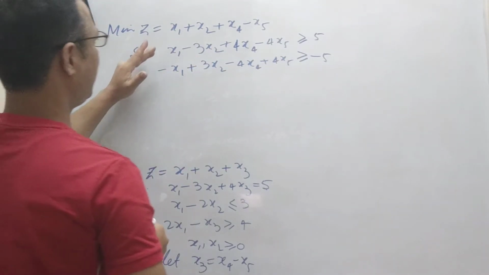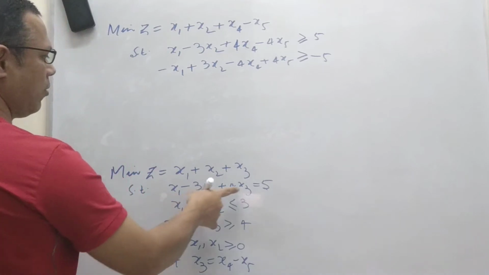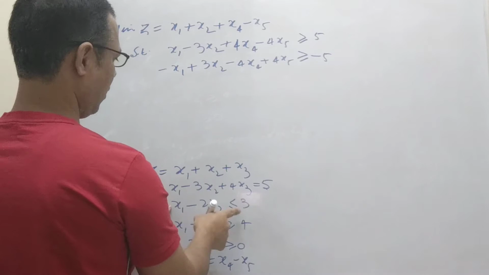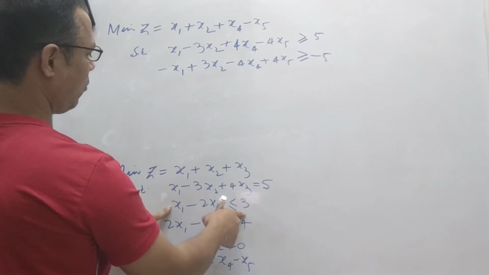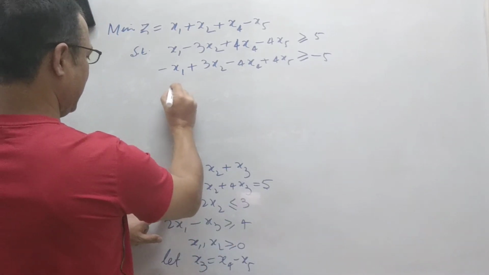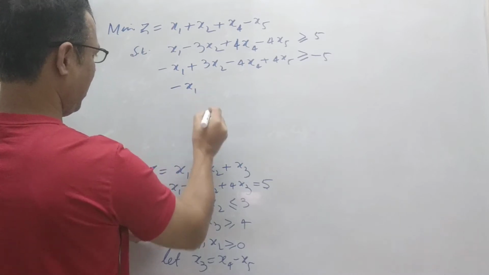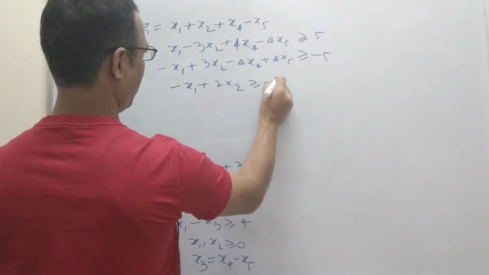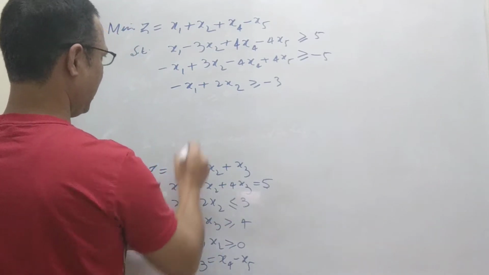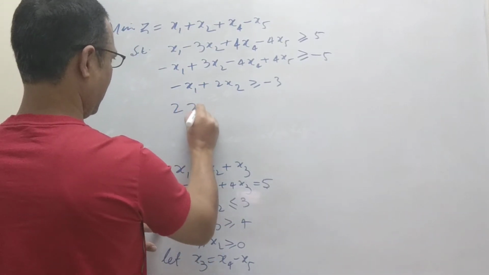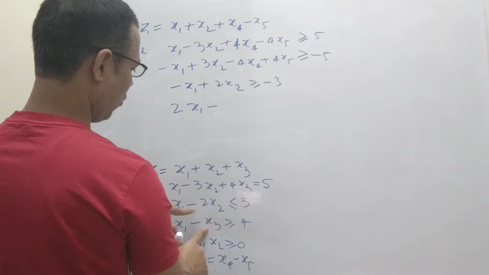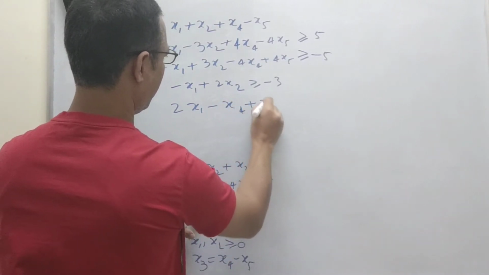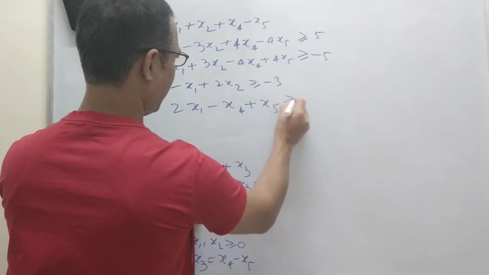Now these two equations have been written in the form of inequalities. Now this condition is given in the form of less than or equal to, so here also we need to make changes. We just multiply with a negative sign, so it will give you the greater than or equal to form. This one is already in greater than or equal to form, 2x1 minus x3 is going to be replaced by x4 minus x5, so x4 plus x5 greater than or equal to 4.